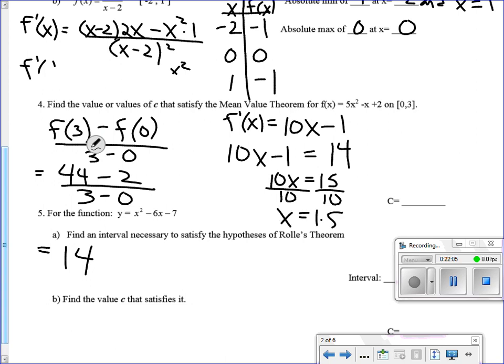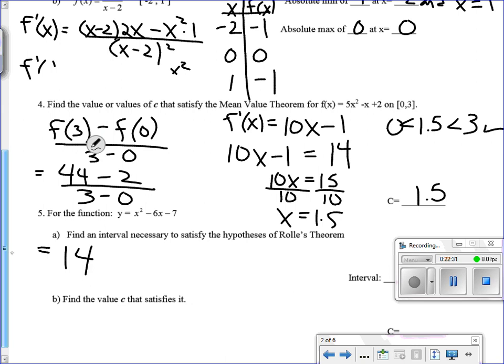Now you want to make sure that the value you get, before you call it c, is greater than 0 and less than 3, and it is. So c equals 1.5. That's where, if you drew the tangent line to that graph, the tangent line would be parallel to the secant line.